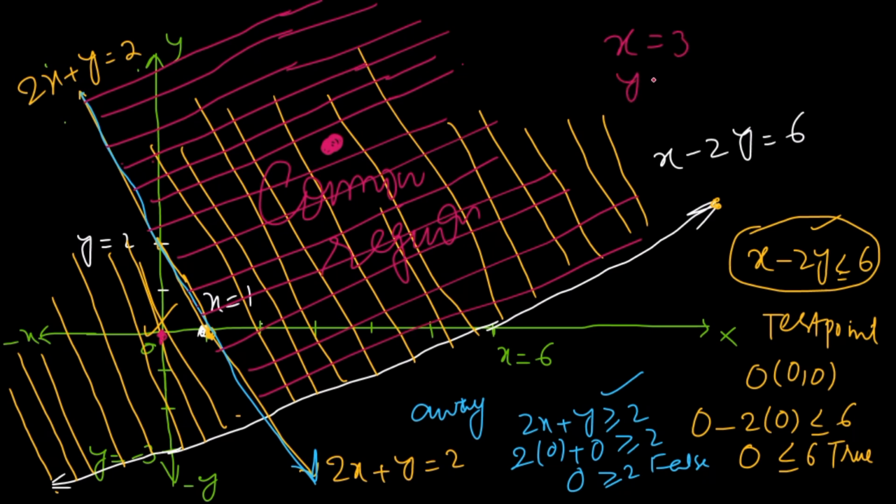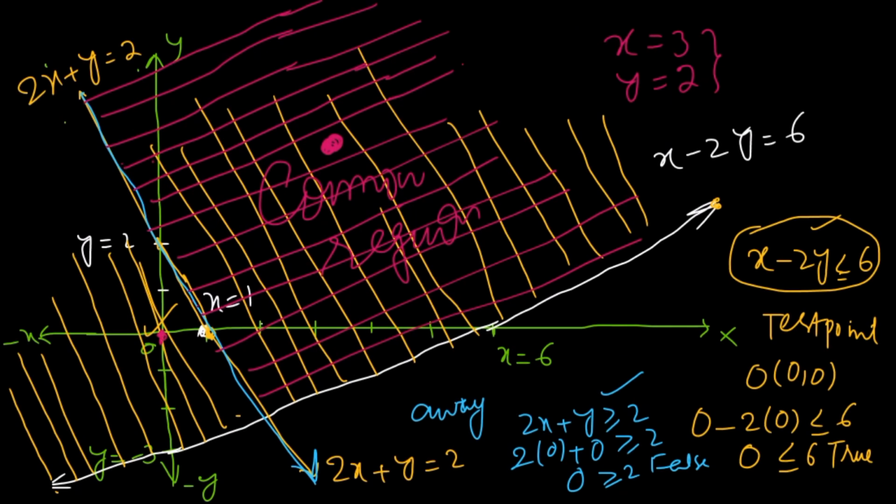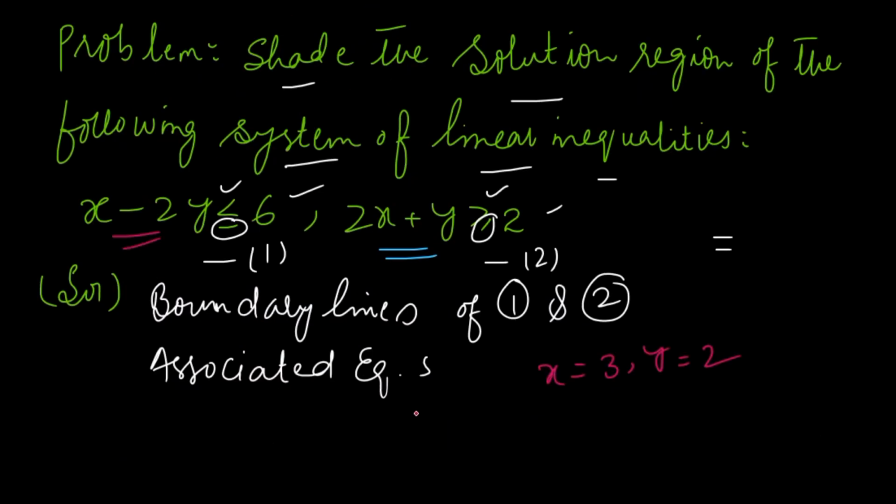If you choose any point from the first quadrant, suppose you take x is equal to 3, y is equal to 2, and put it in any of the given inequalities, you can see that it will satisfy the inequality. If you put x is equal to 3 and y is equal to 2 in the first inequality, here 3 minus 2 into 2, this is 3 minus 4, this is minus 1.